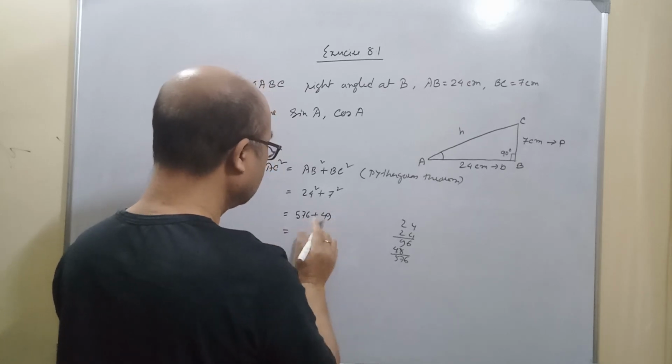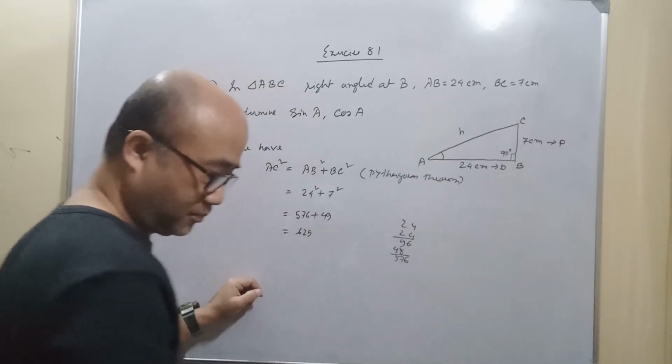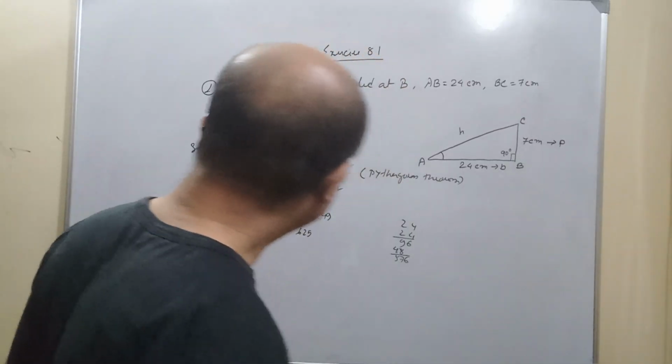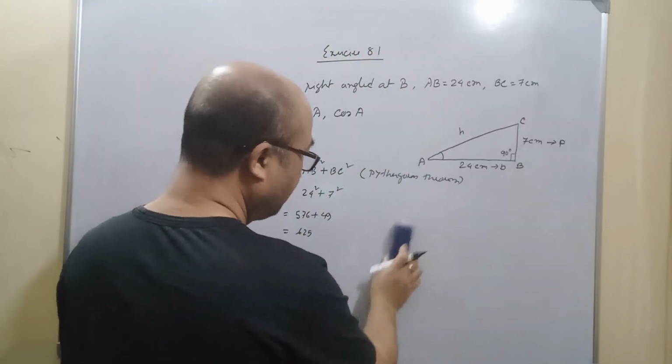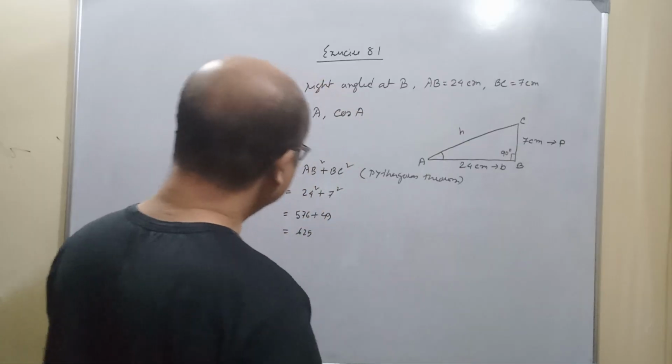How much is it? 625. So AC square is 625.